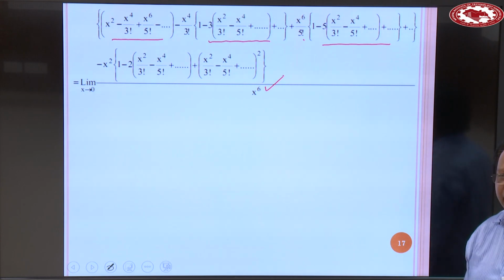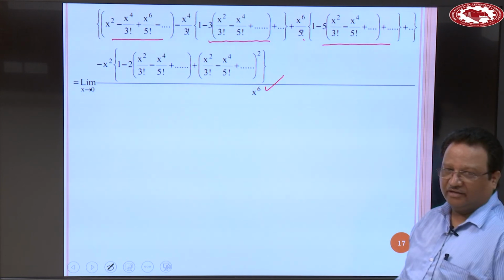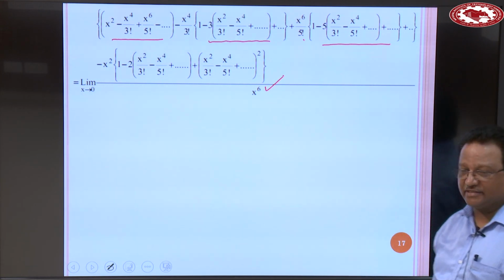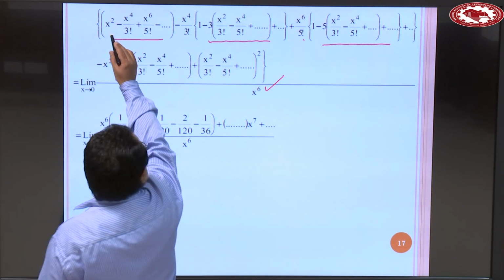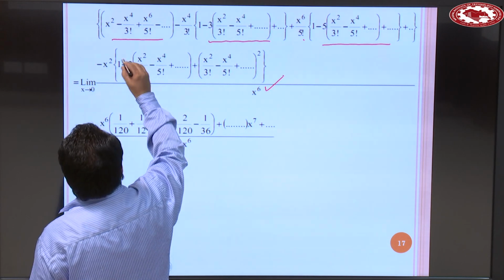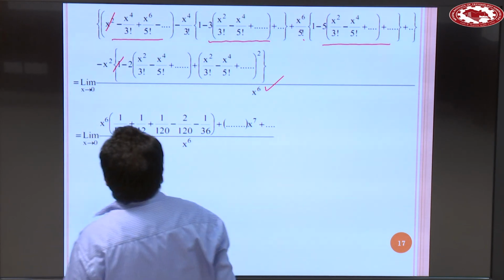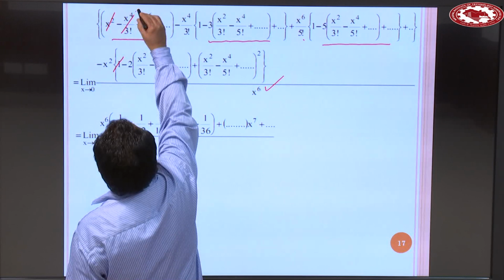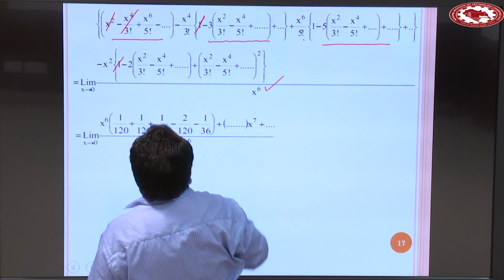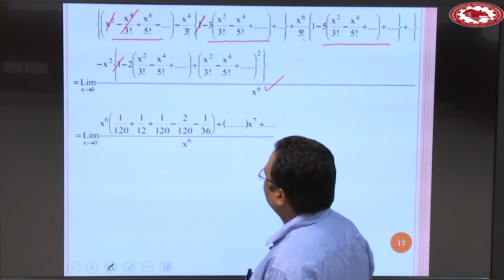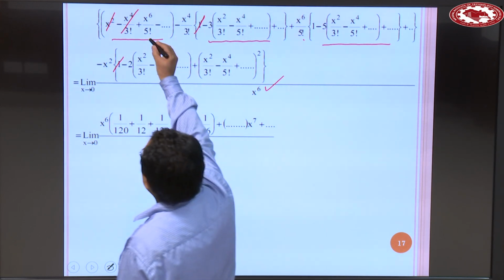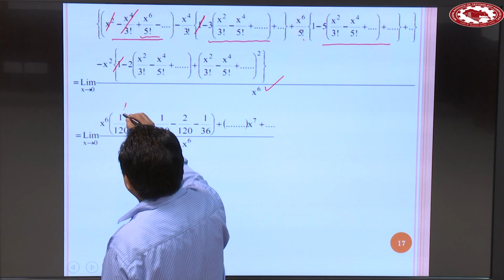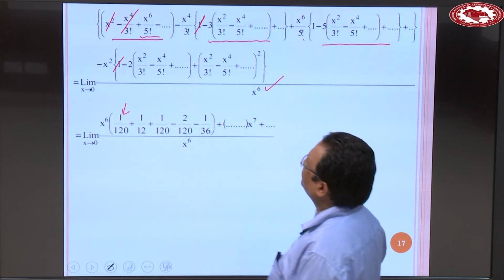Now simplify this whole calculation, this whole process. Now this x square, this x square, this x square and this x square cancel. X power 4, this x power 4, this x power 4 cancel. Collect the coefficients of x6. So first this one, 1 over 120.